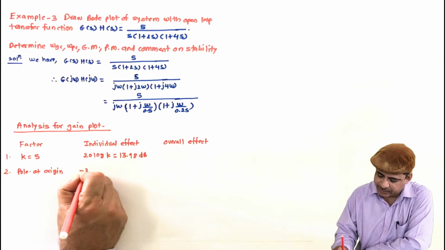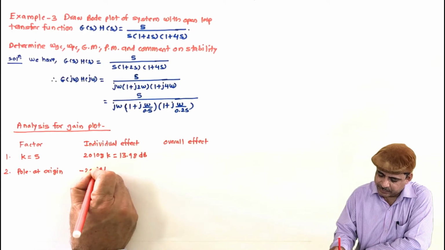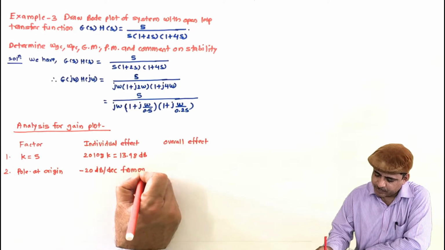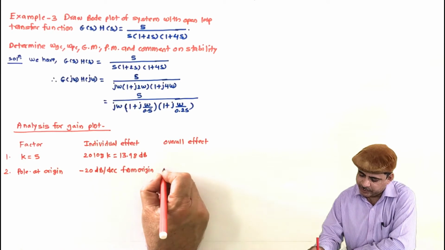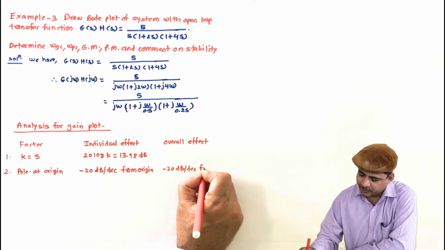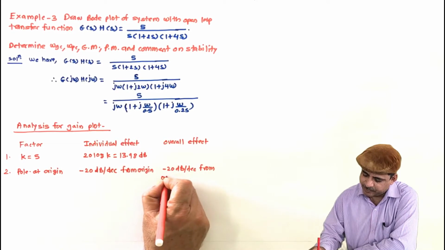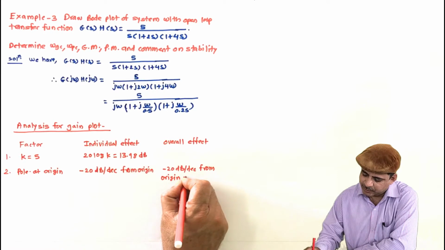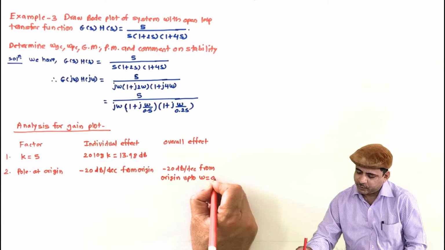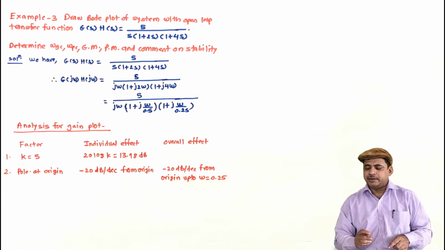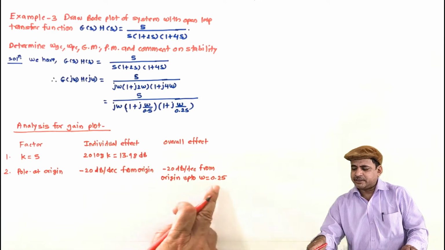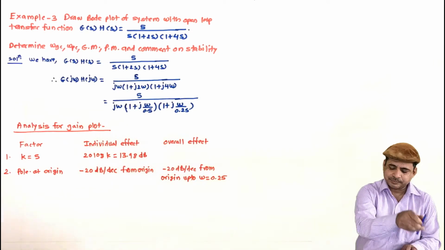Its effect is minus 20 dB per decade from origin, and the overall effect will be minus 20 dB per decade from origin up to omega equal to 0.25, the next factor. Normally the effect is from origin, but in our case it shall be from the starting frequency up to 0.25 radian per second.